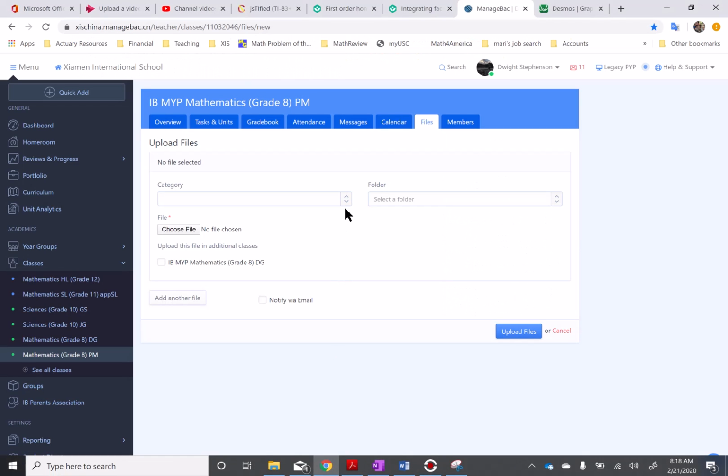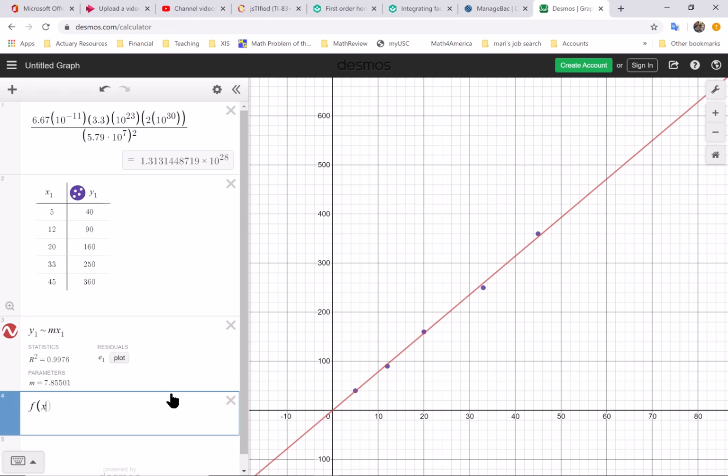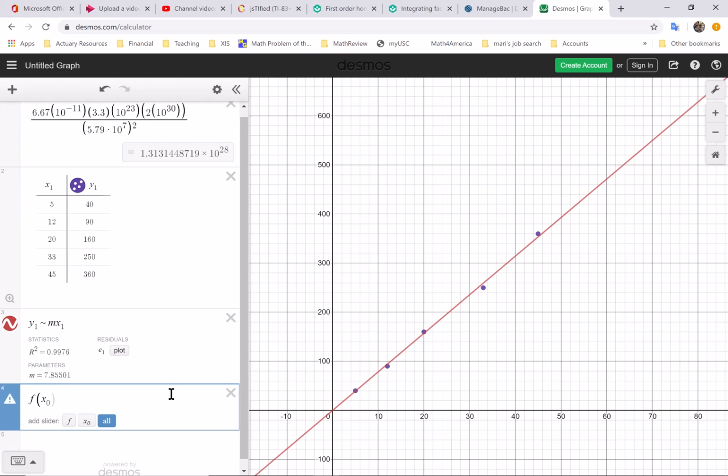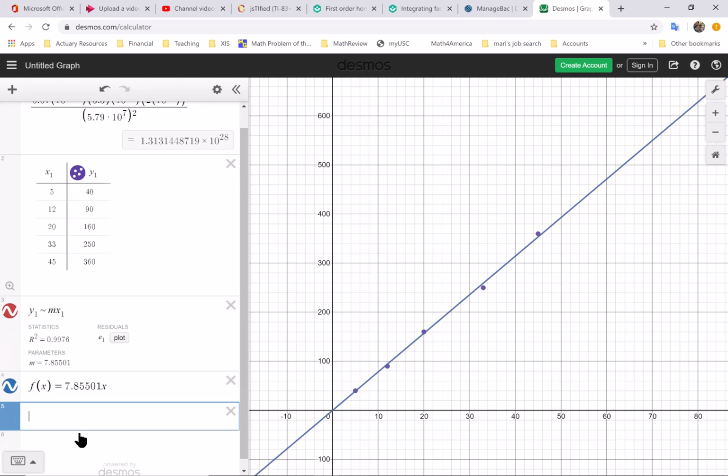Or you could go to technology, and I think I have it on here. So there's the best equation for it using technology. And then I could actually predict using this equation if I wrote f of x equals 7.85501x. I'm getting that from here, right? The m value. That's that equation.